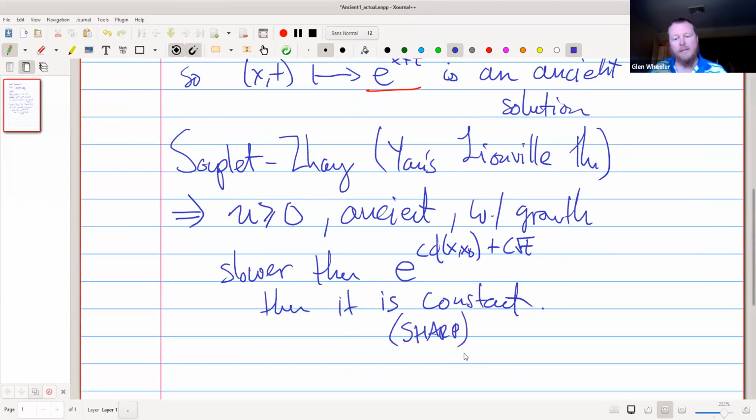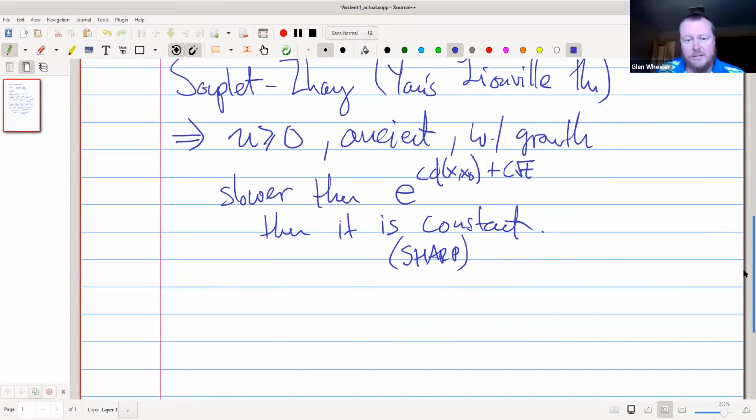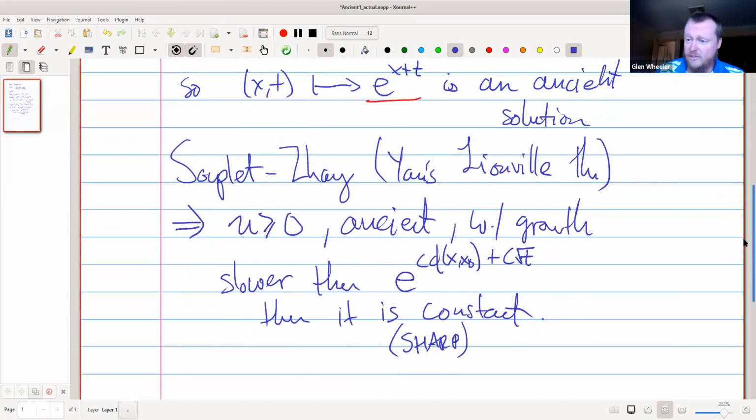So this is a nice result, and in a way it's not that surprising, because it was conjectured before, and also in analogy with the Liouville theorem.